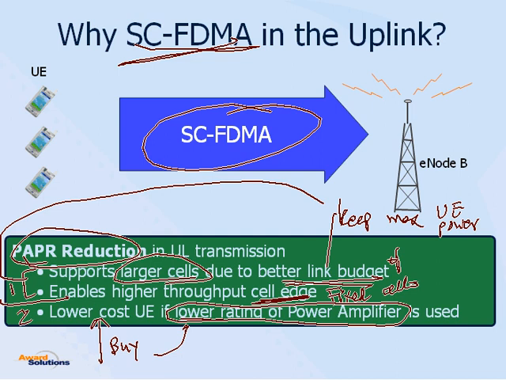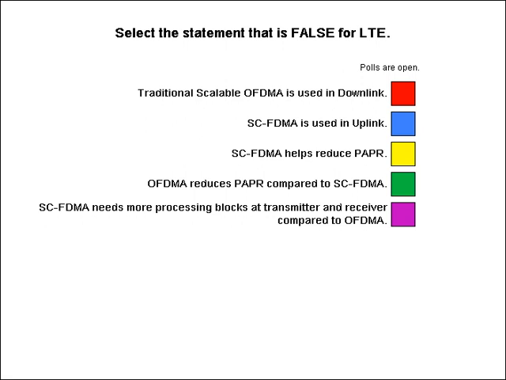Either you can keep the power and cost the same, and that will give you better performance. Or you can say, I want to save money compared to performance, then we can always buy a lower rating power amplifier. But that's the main idea. SC-FDMA will reduce peak to average power ratio.